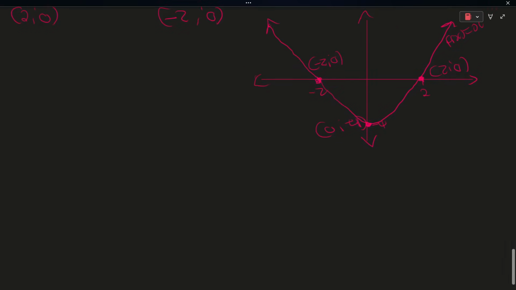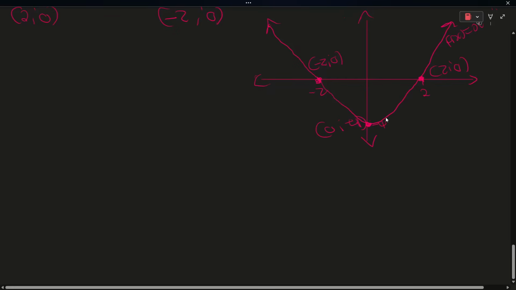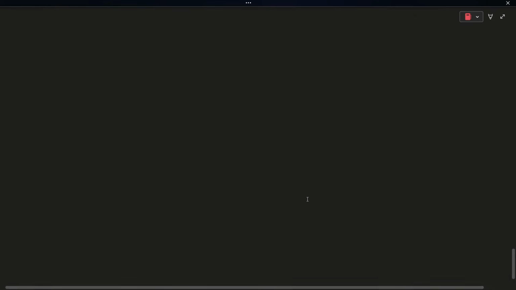Okay, let's have this equation. We're saying f(x) is going to be minus x squared plus.